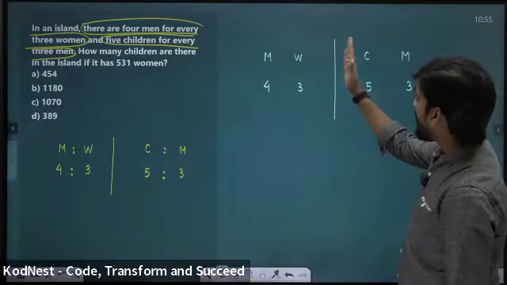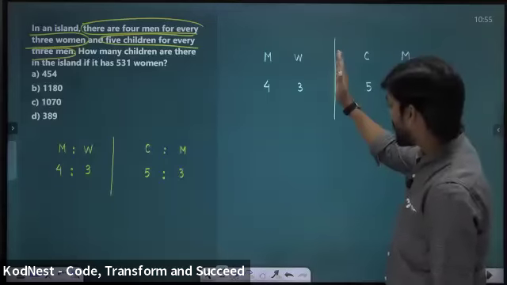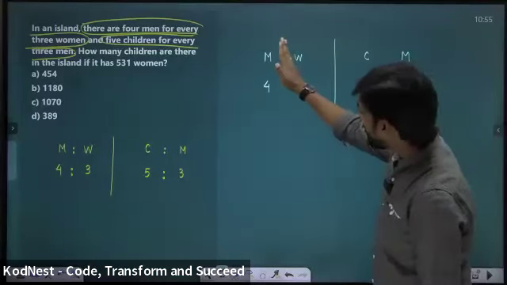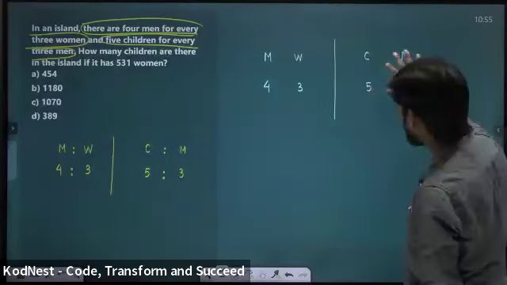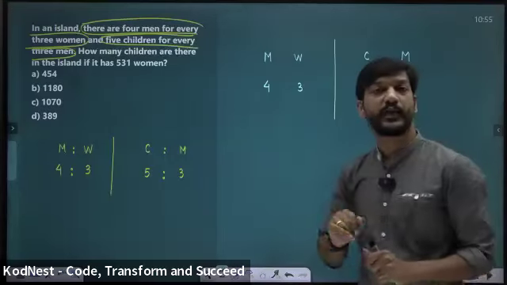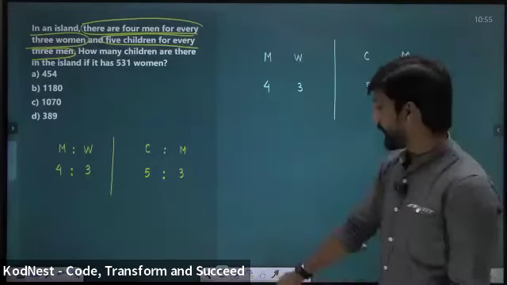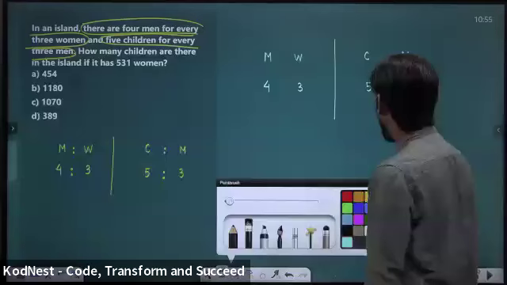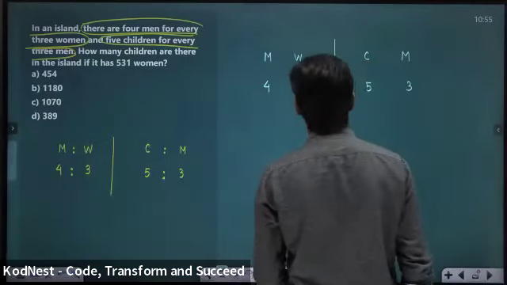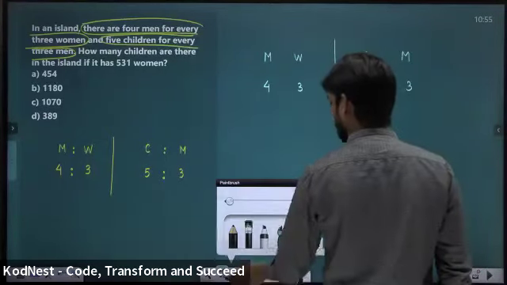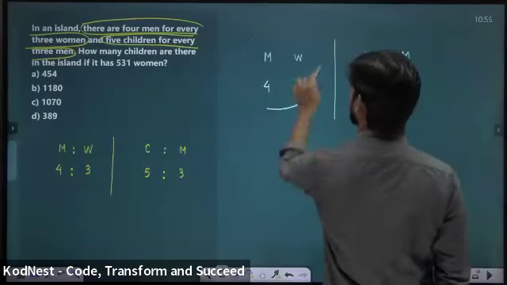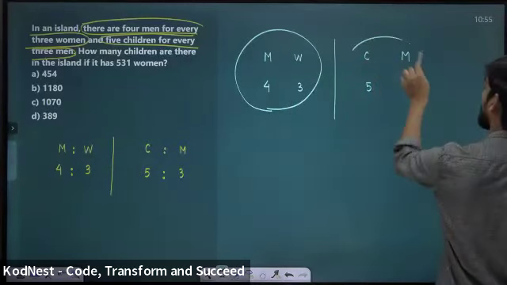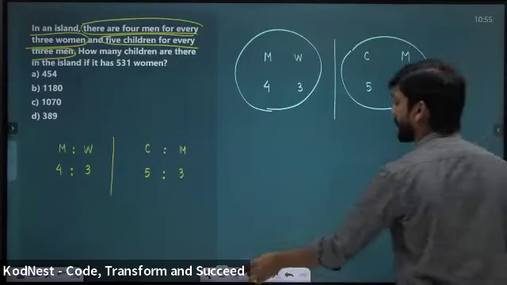Please remember, this line is the separation line. So that means these values are from one ratio, and these values are from the second ratio. Let me take a different color. This is one group. This is one group.